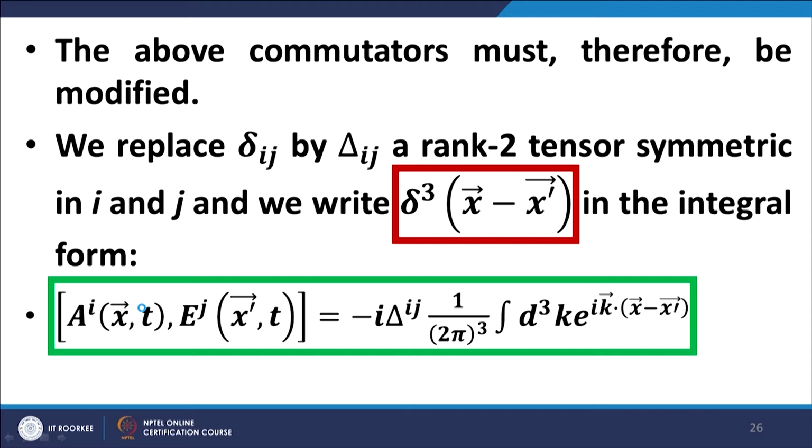To modify the commutator, we replace delta ij by capital delta ij, which we now postulate as a second rank tensor symmetric in i and j, and we also write the delta function in 3 dimensions in terms of the Fourier representation as shown in the green box here.